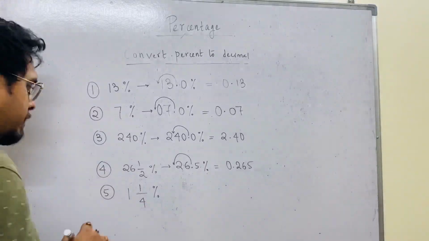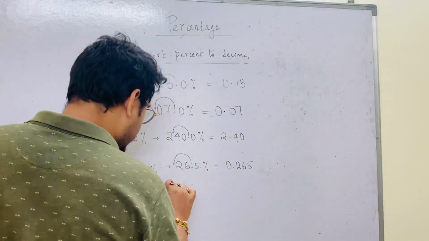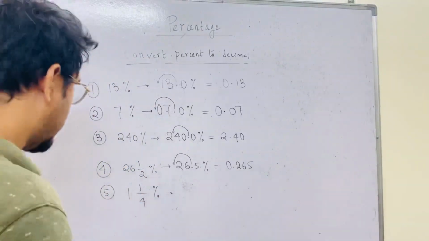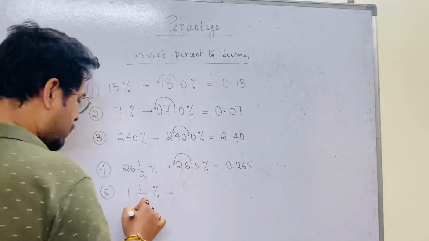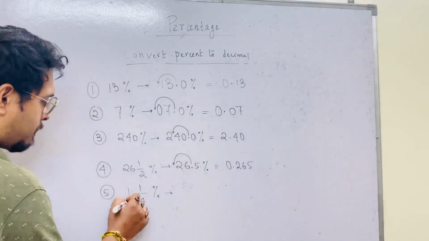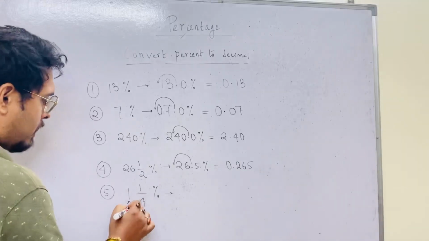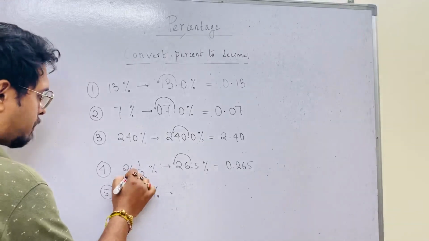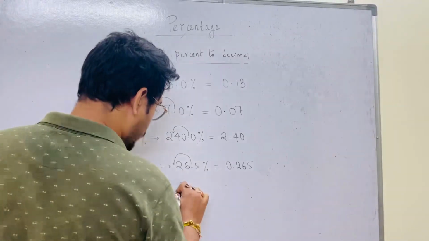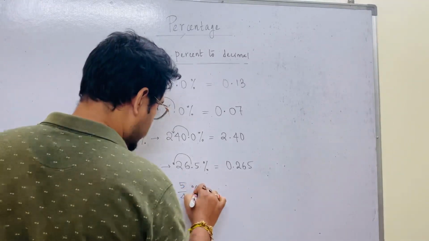So what do I do? First of all, I have to convert it into an improper fraction. How do we convert the mixed fraction into a fraction? 4 multiplied by 1 is 4, and the result plus this 1, so 4 plus 1 is 5. So it is 5 over 4 percent.